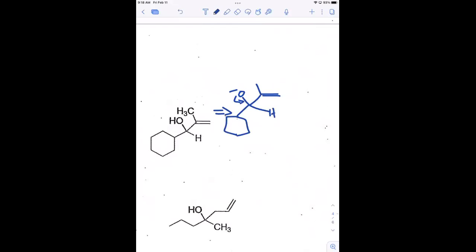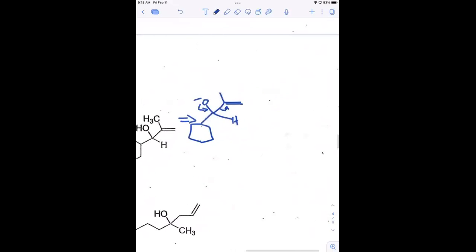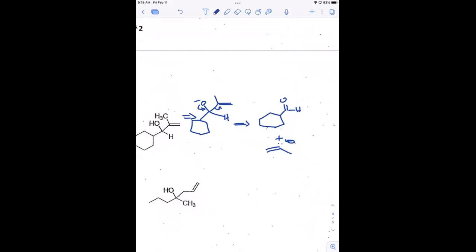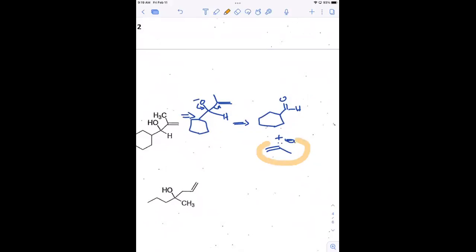Right. So again, we're going to do this set of arrows, which is going to lead to these two constituents. Right. And it's this piece right here that's going to be the Grignard.